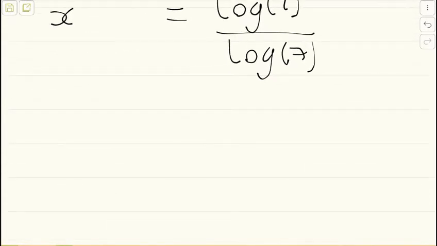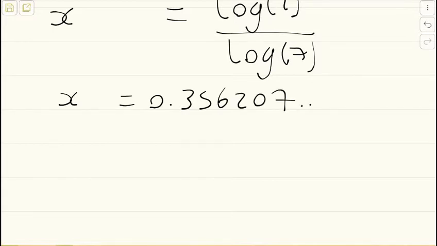And again, as I type that into my calculator, I will have log of 2 over log of 7, which gives me 0.356207, and so on. And to three significant figures, that is going to be 0.356.